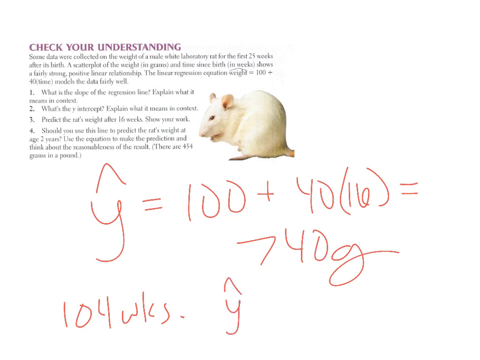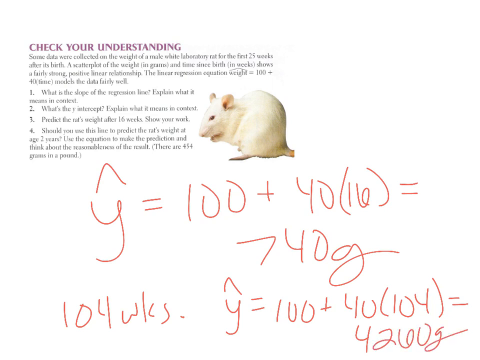So y hat equals 100 plus 40 times 104, which equals 4,260 grams. They told you there are 450 grams in a pound so you could convert that if you needed to. In pounds, that would be almost 9.5 pounds. That's a ridiculously giant, humongous rat.